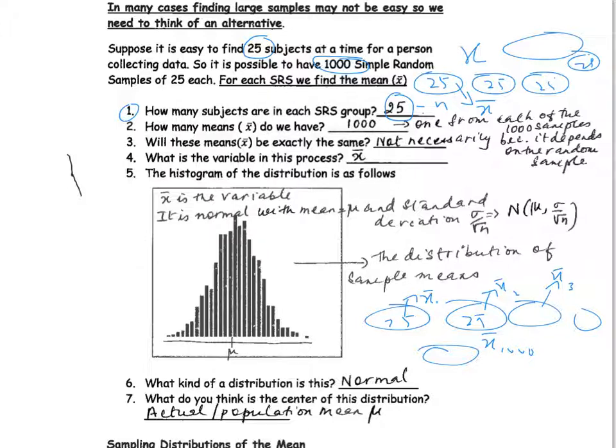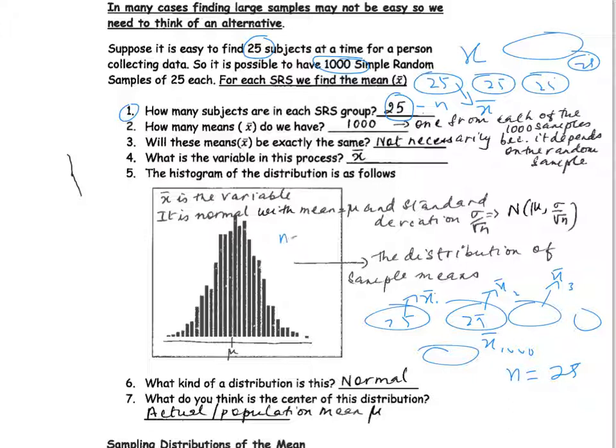There are 1000 such samples, and each sample gives us an x bar. So we have 1000 different x bars coming from a fixed sample size of 25.